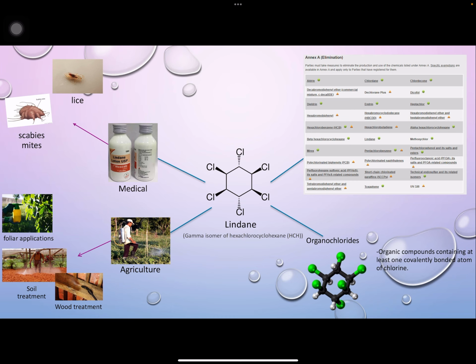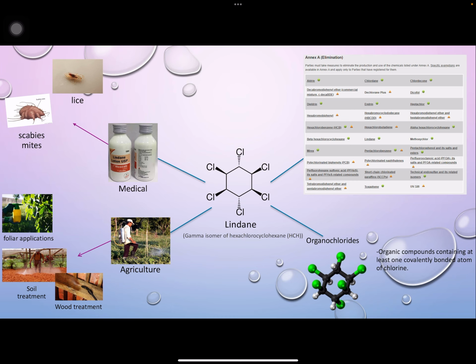In terms of POPs, this chemical has been listed in Annex A of the Stockholm Convention on the right hand side, meaning that in order to use this chemical it requires a permit and the chemical must be eliminated immediately.